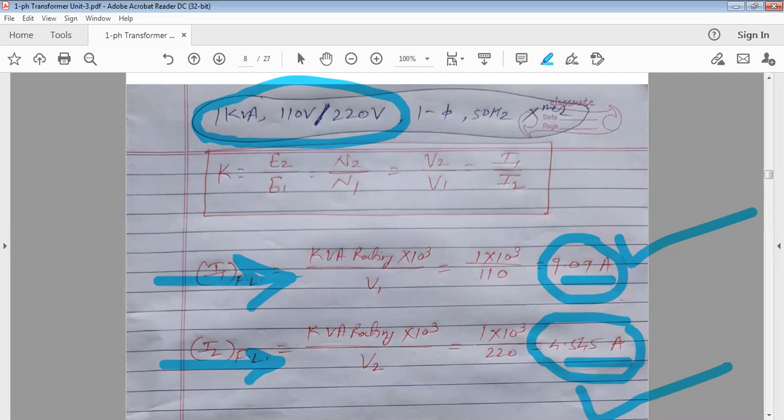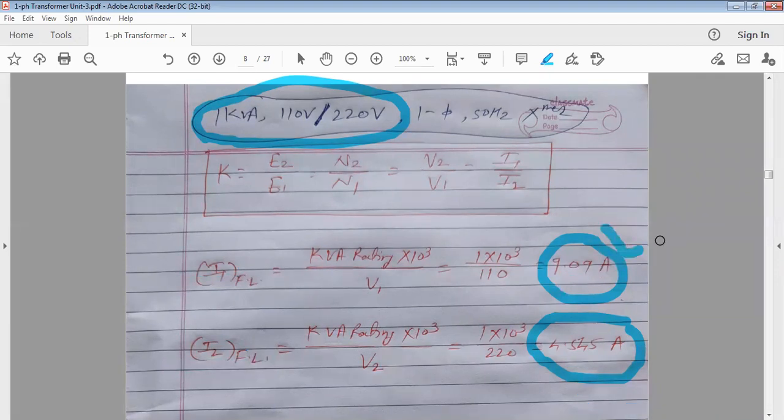So never overload the transformer. For that, you can connect an ammeter on the primary side and on the secondary side and check the current flowing through each. If you find the current in the primary or secondary beyond this value, or any one beyond it, immediately minimize the load so that the current will not be more than this value.